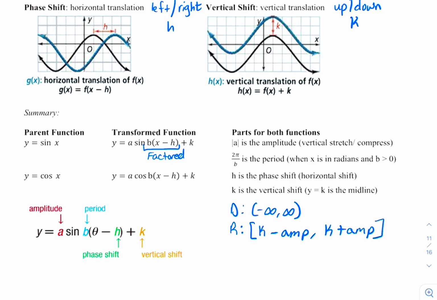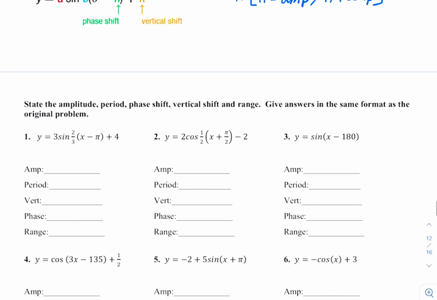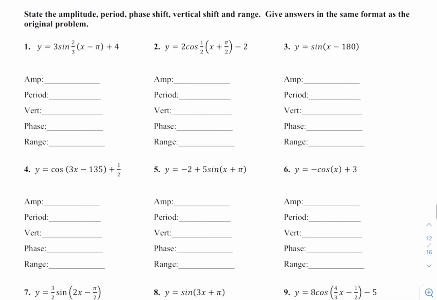All right, so next we're just going to do a bunch of practice of identifying things from the equation. Remember, amplitude represents a distance, so we always do the positive a value. For period, we are doing 2 pi divided by b, or if it's obvious that it would be in degrees, like on number 3, for example, where we see this 180, we would assume that we are in degrees, so this will be 360 divided by our b value.